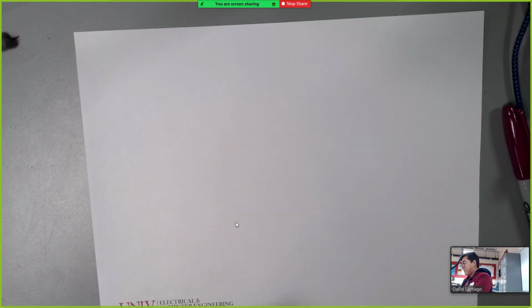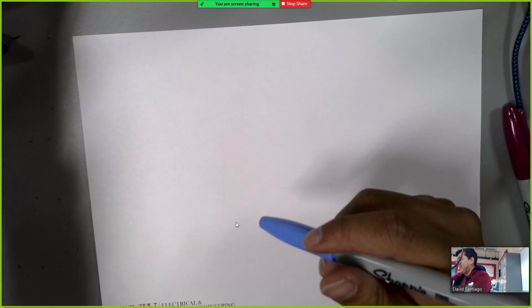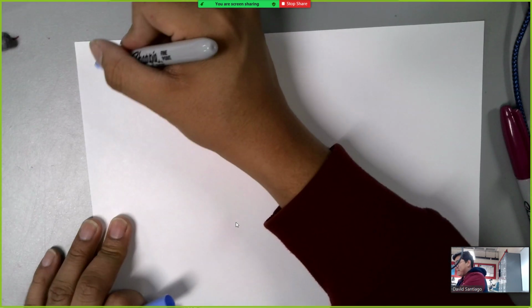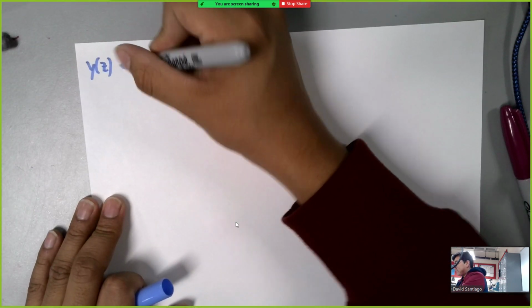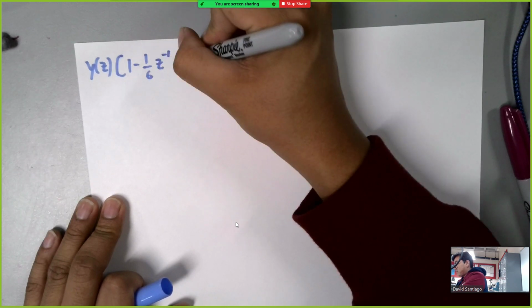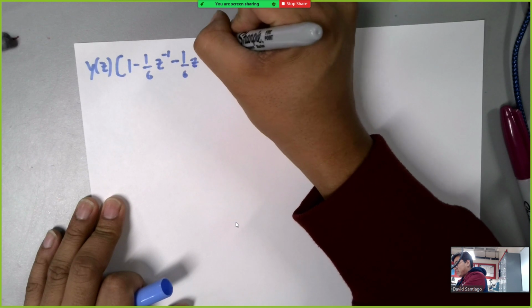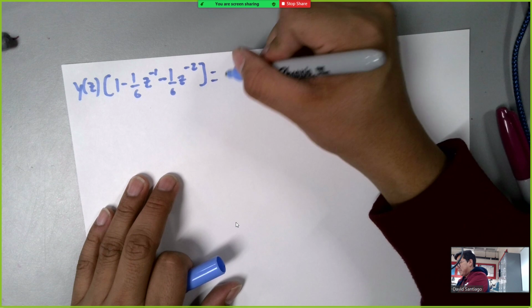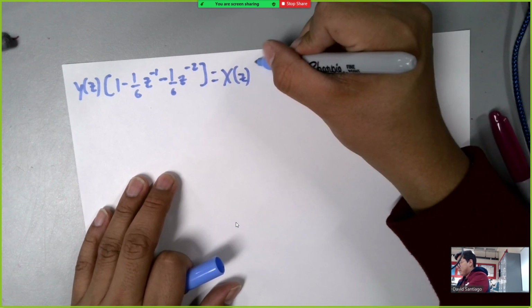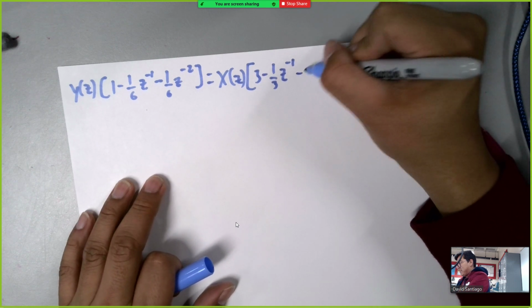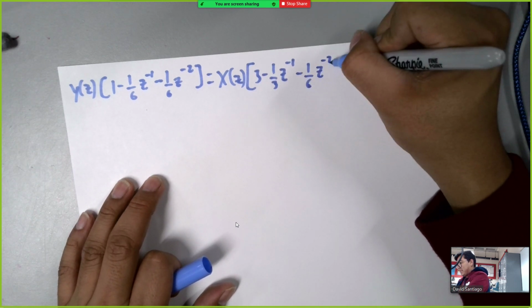3. So if I were to rewrite all this mess, let's see. Y of z times 1 minus 1 over 6, z to the minus 1, minus 1 over 6, z to the minus 2. And then I'm going to move some terms. Equals x of z times 3 minus 1 over 3, z to the minus 1, minus 1 over 6, z to the minus 2.